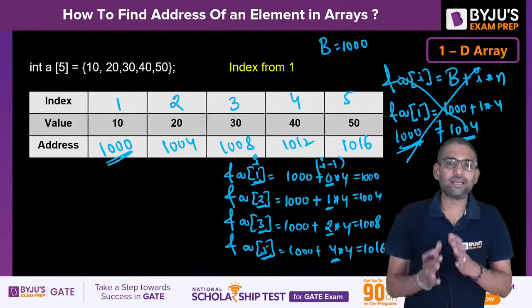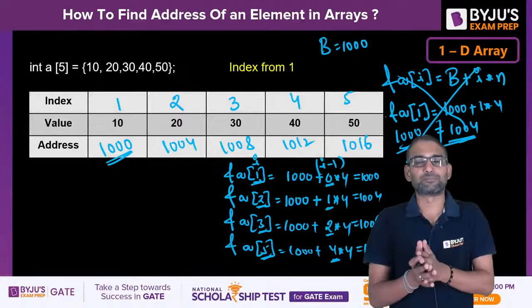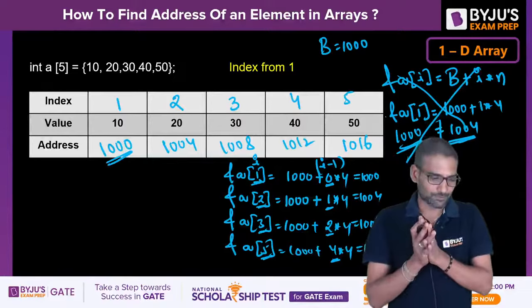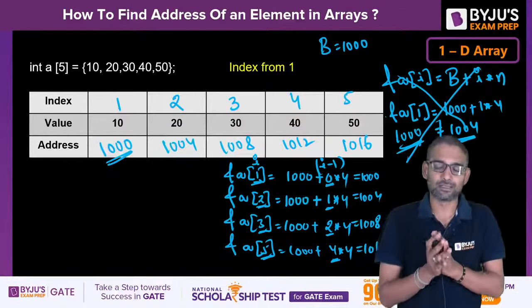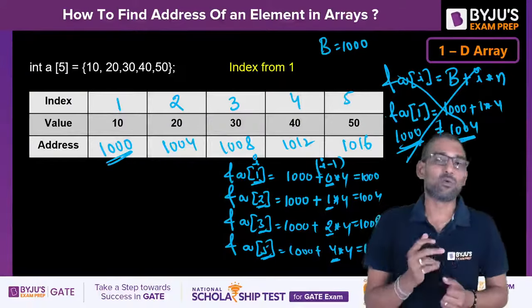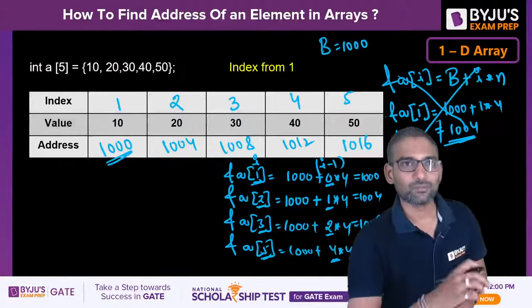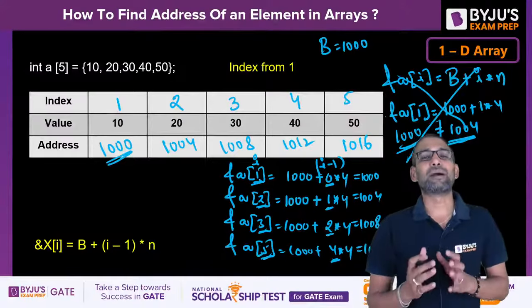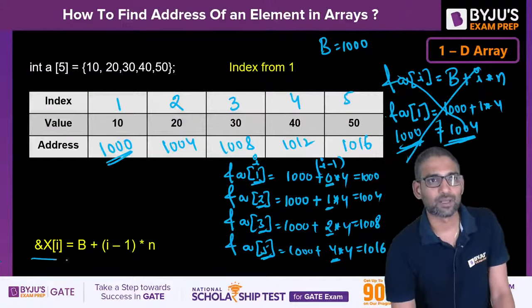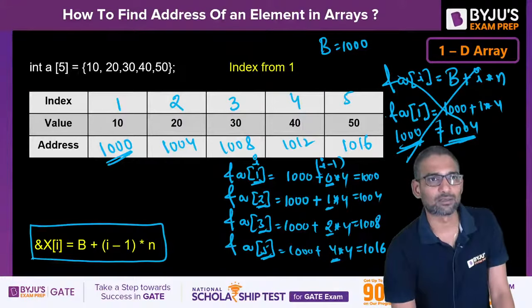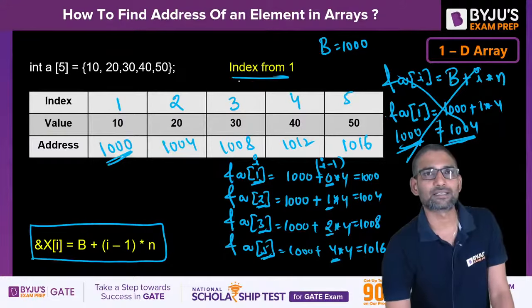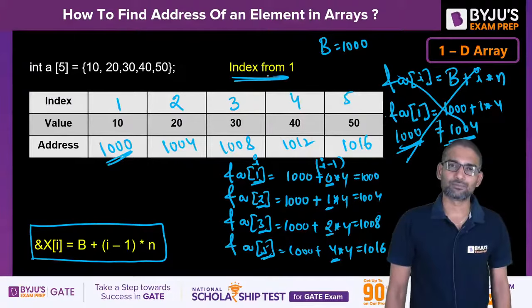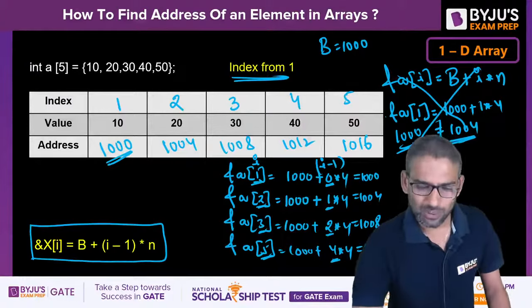So if the index is starting from 1, instead of I, what you have to do is I minus 1. I minus 1 when the index starts from 1. Okay. Why?